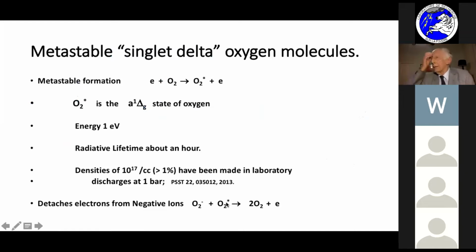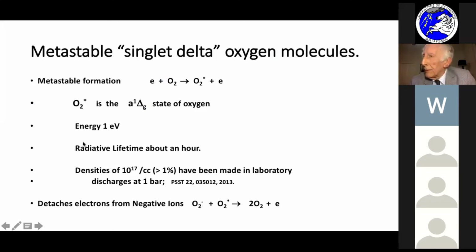Now, I need to talk a bit about singlet delta oxygen molecules, which are known, and there are huge review articles written on their properties. The symbol given by people in the molecular game is a1 delta g. The energy required to form such a metastable is 1 electron volt.